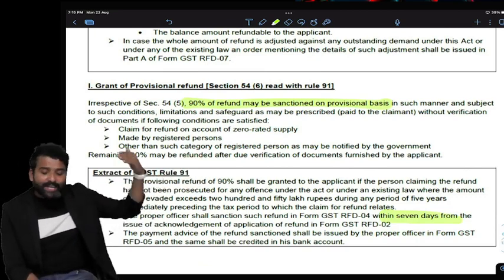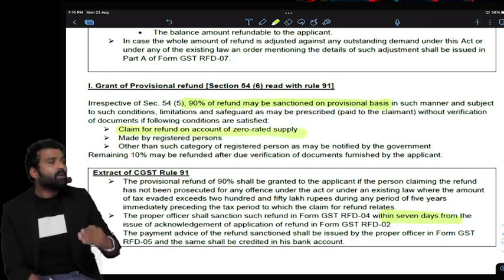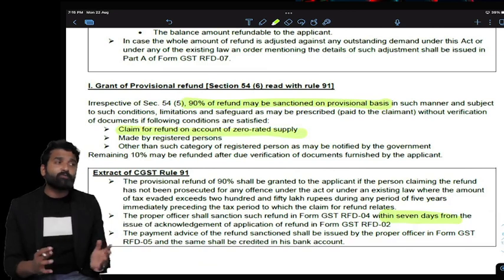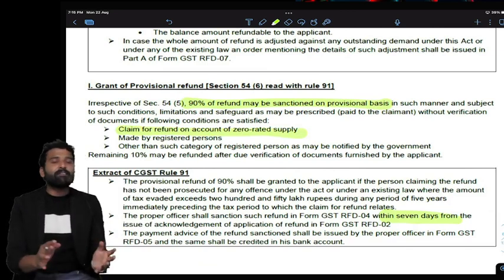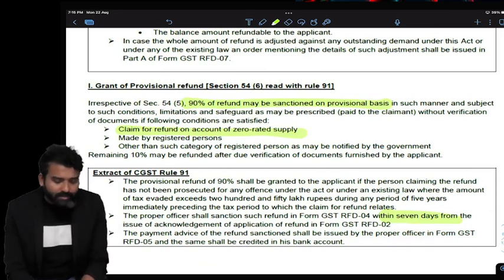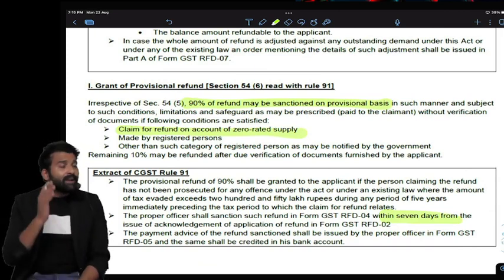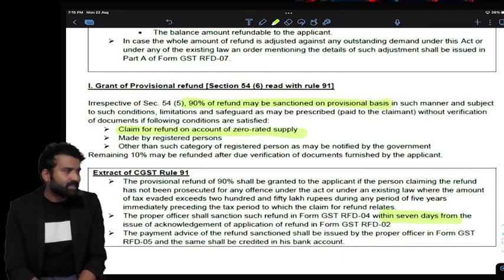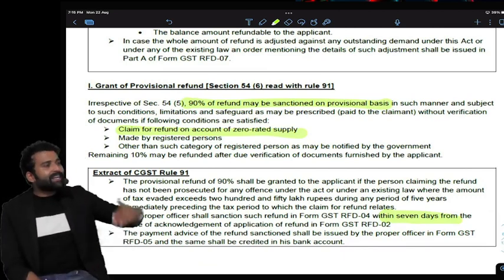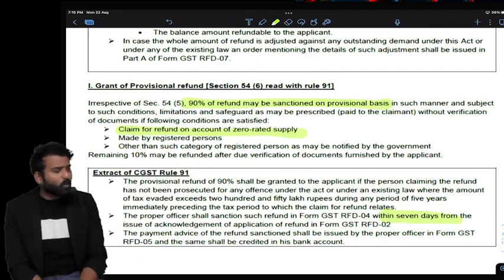But in case of exports, they will provisionally issue a refund so that the exporter doesn't require a lot of working capital. Working capital requirement को कम करने के purpose के लिए what government does is they issue refund on preliminary examination, 90% refund on provisional basis, as soon as possible. Later they will process your application, they will issue the remaining 10%. That is called the provisional refund.